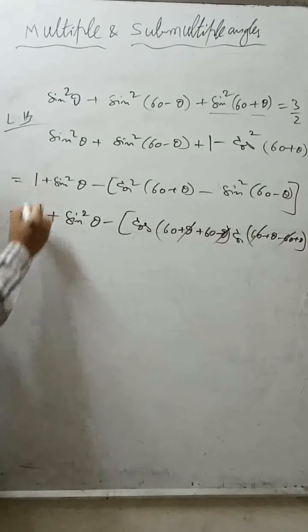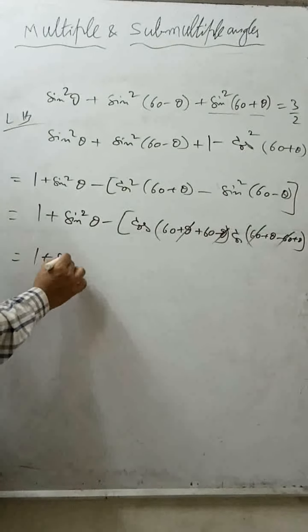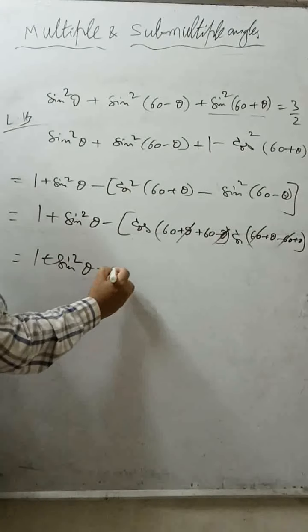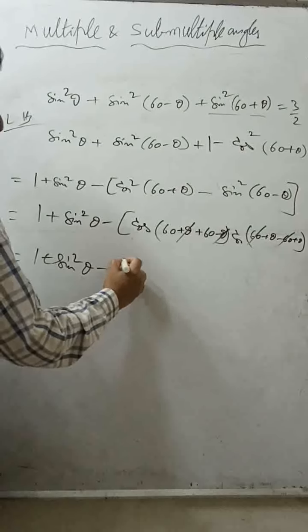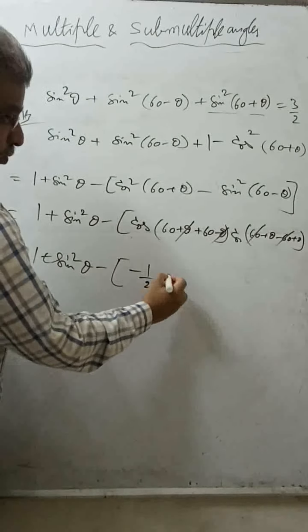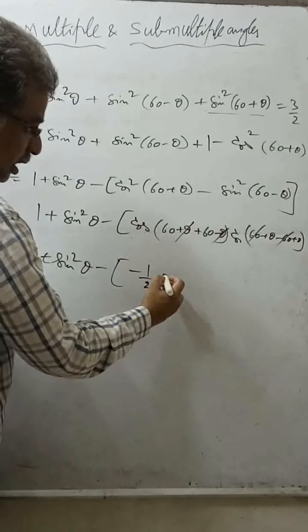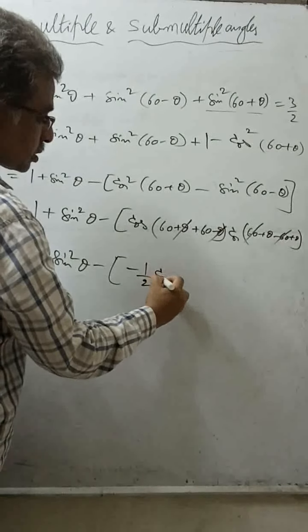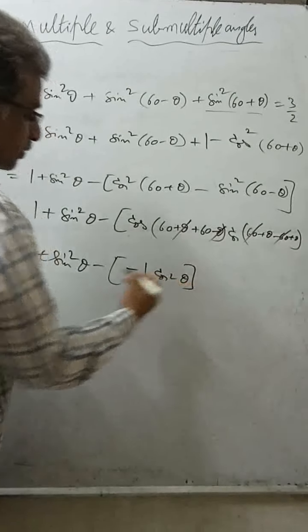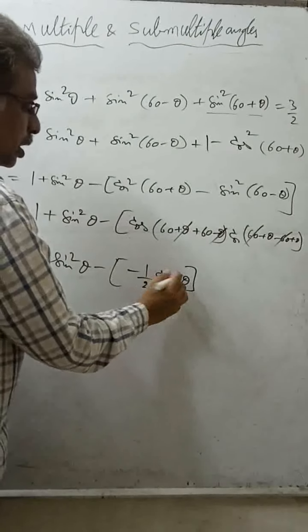Now this becomes 1 plus sin square theta minus, this is cos 120. Cos 120 means minus 1 by 2, into cos (theta plus theta), cos 2 theta. So cos 2 theta minus 1 by 2 into cos 2 theta.